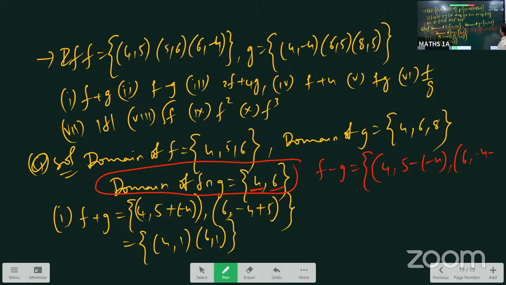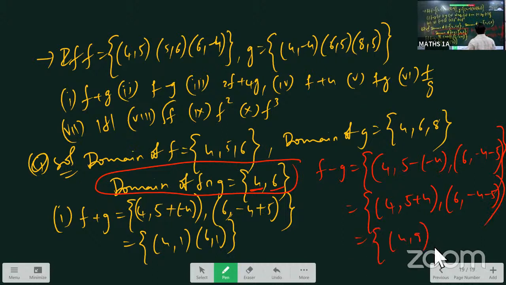Minus 4. Minus g of 6 is 5. Is it clear? So that is (4, 5 minus of minus 4, which is 5 plus 4), next (6, minus 4 minus 5). That is (4, 9), (6, minus 9).